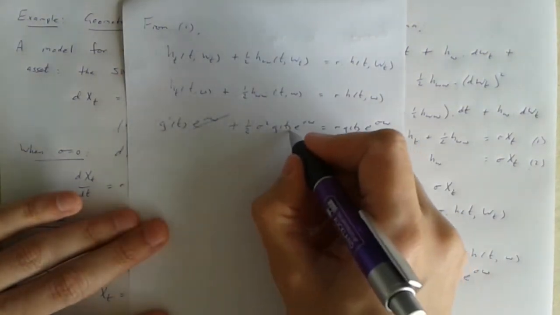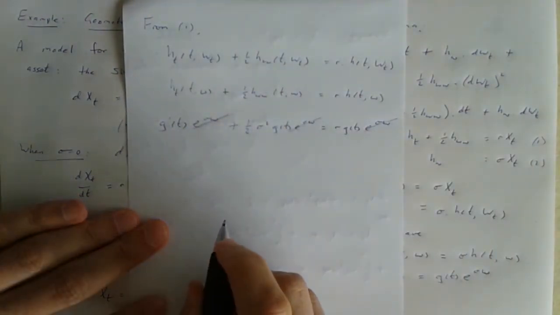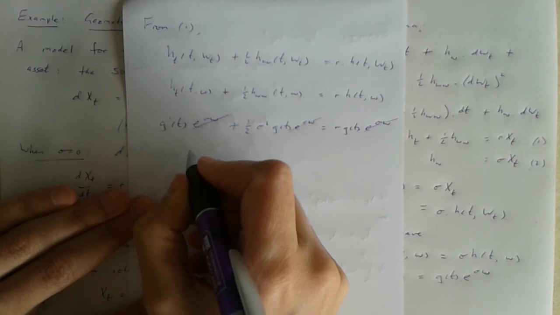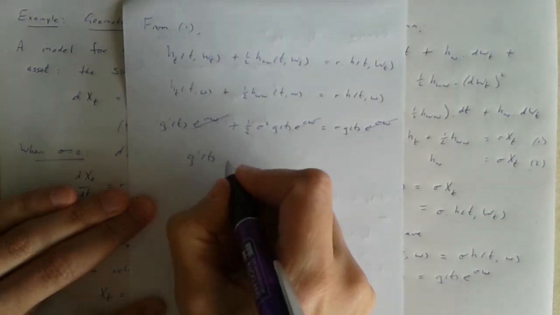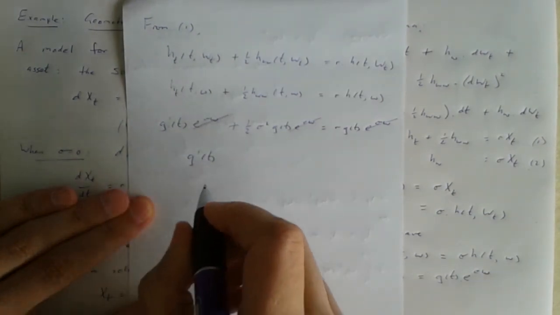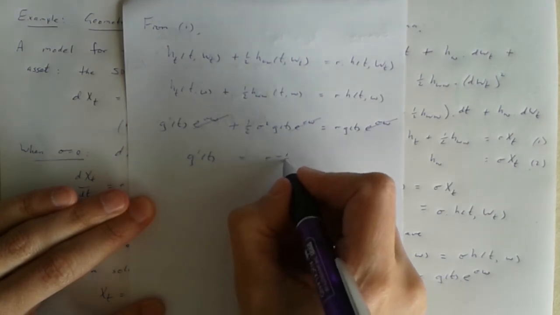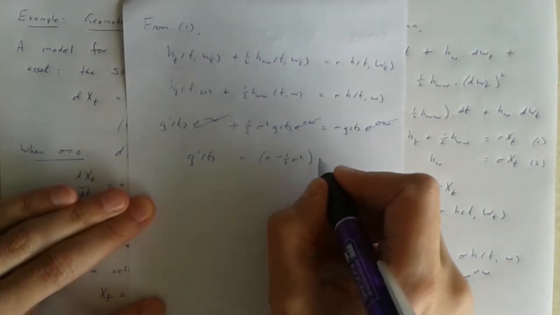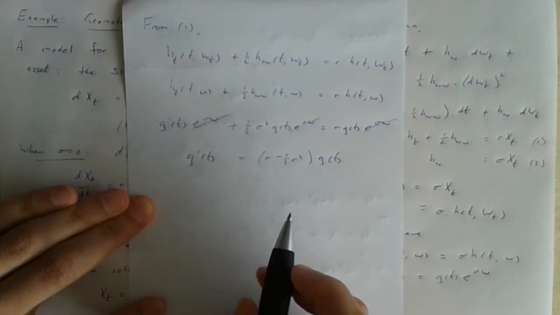Alright, we've got e to the sigma w everywhere, so they all cancel. So what we're looking for is a function g, so that g prime of t must equal this multiple of g itself.